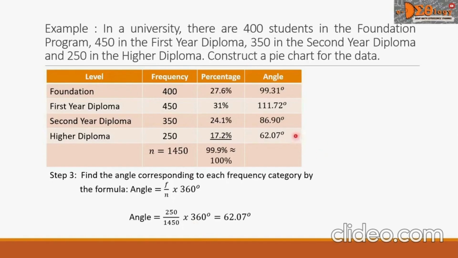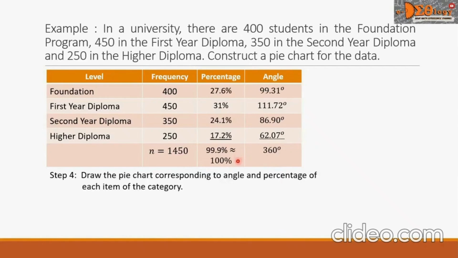And the value is written here. Now let us take the summation of this column, and we will have the answer 360 degrees. This must always be equal to 360 degrees. In the same way, the percentage column must have a summation equal to 100%.